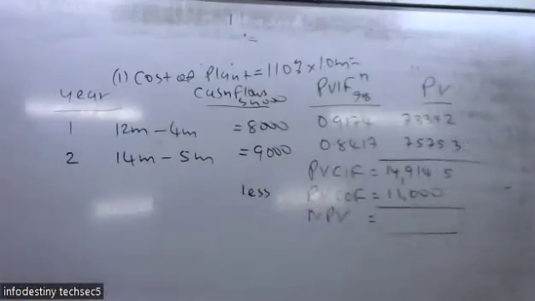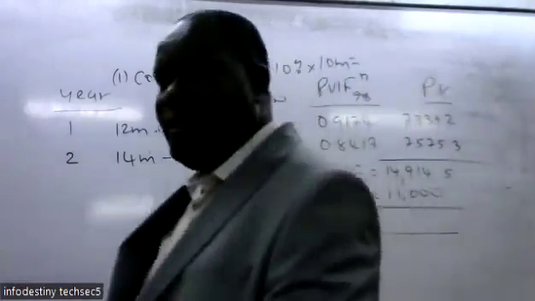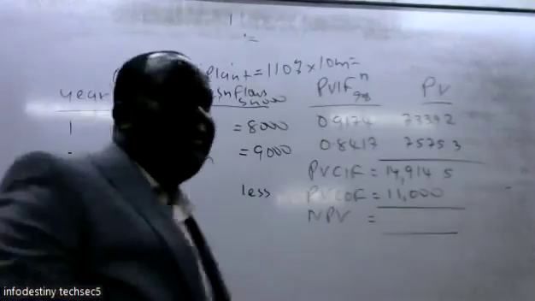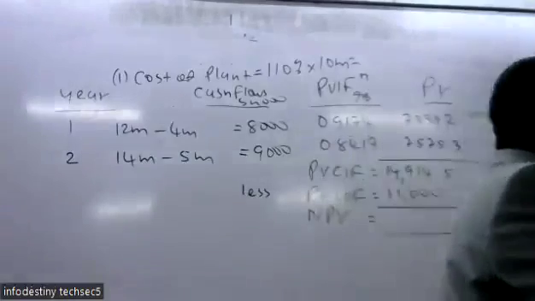Because it is only the cost of the plant which has changed adversely. It has gone up by 10%. The rest of the variables don't change. The rest of the variables, you repeat exactly what we have, then get the new NPV.